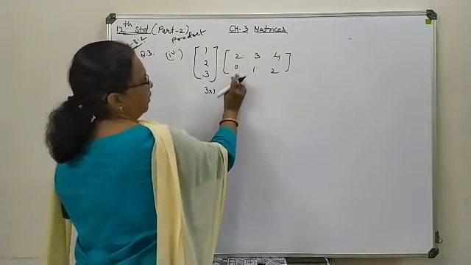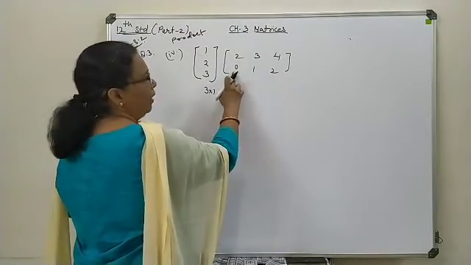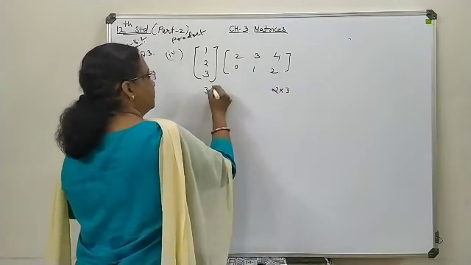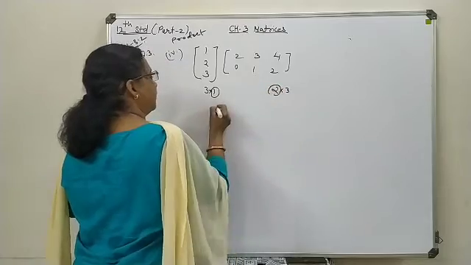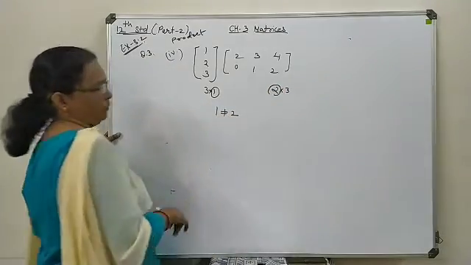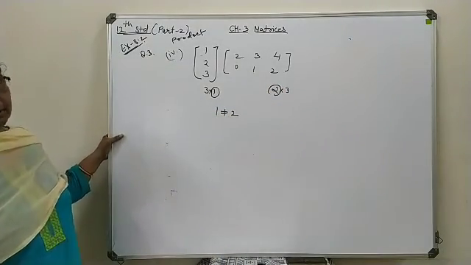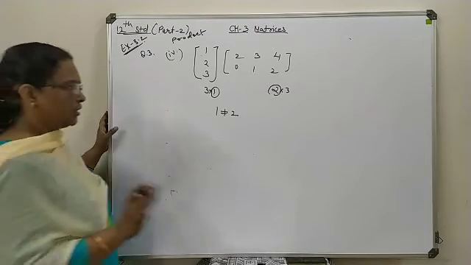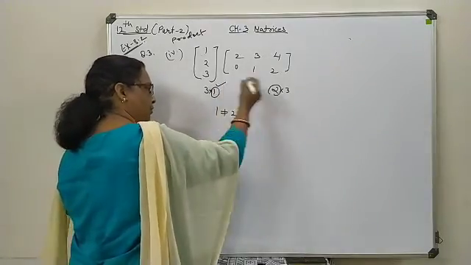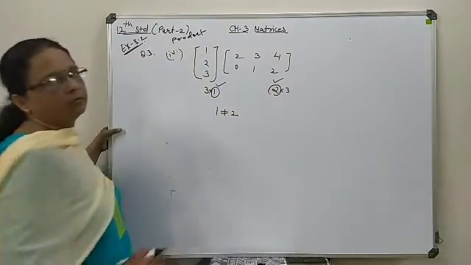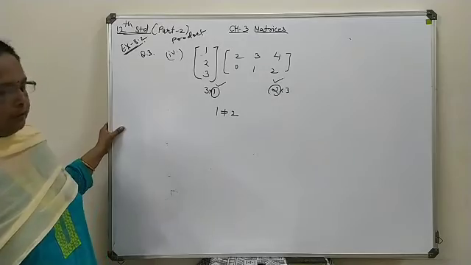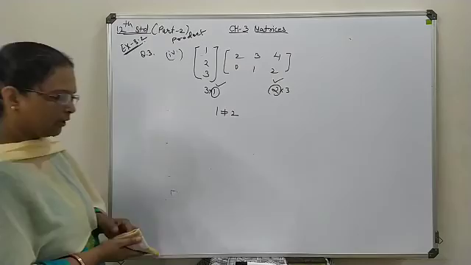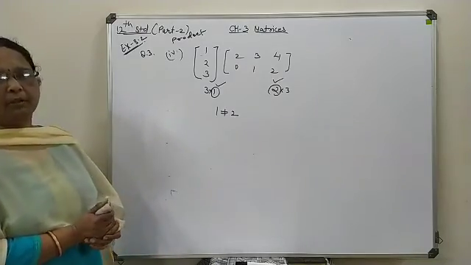The second matrix has the order of 2 by 3: 2 rows, 3 columns. Here you see the number of columns is not the same as the number of rows. So in this case, the product will not be possible. That's why it is necessary to first check whether the basic condition is fulfilled or not. Now move to the next type of question in which unknown matrices are to be found.